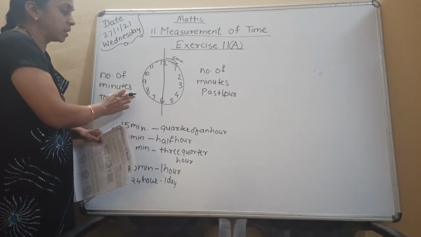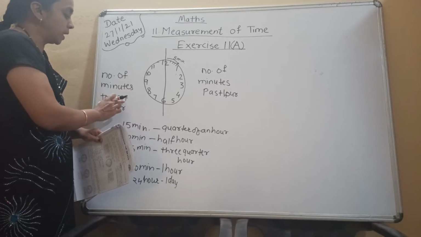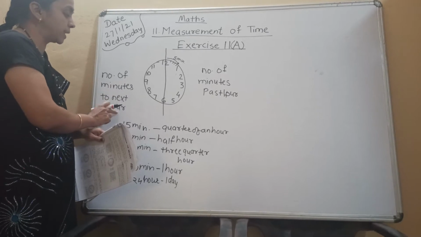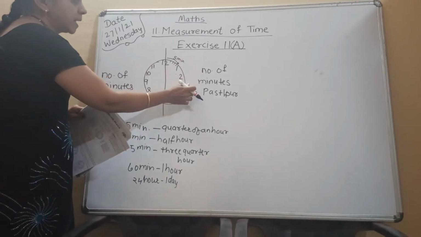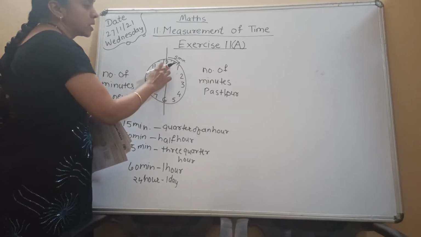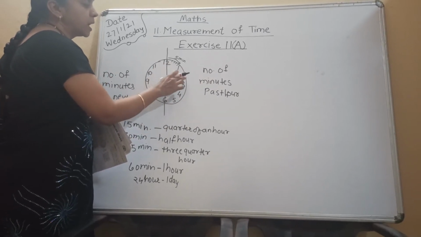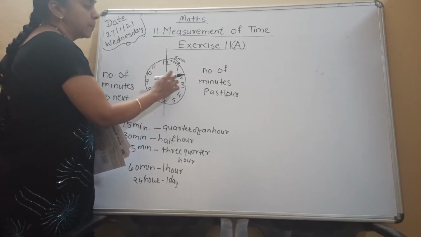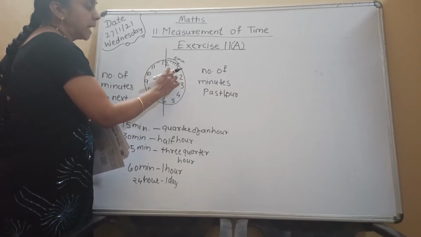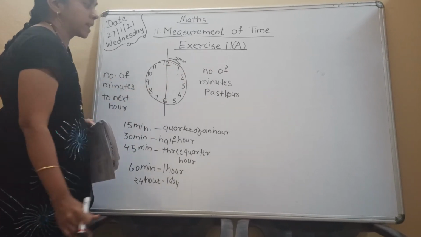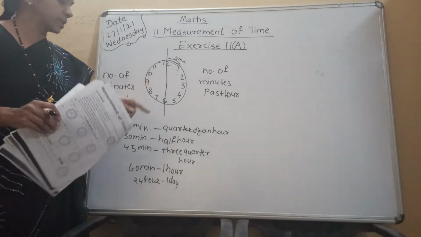So we can come to know how many minutes are there to the next hour. And this right hand side denotes the number of minutes past the hour. Suppose 12:05, 12:10, 12:15. It gives us the time, how many minutes past that hour. So this is the left hand side, this is the right hand side of this watch.